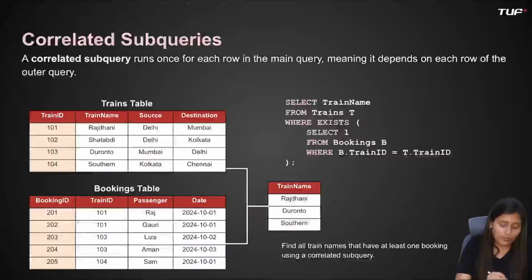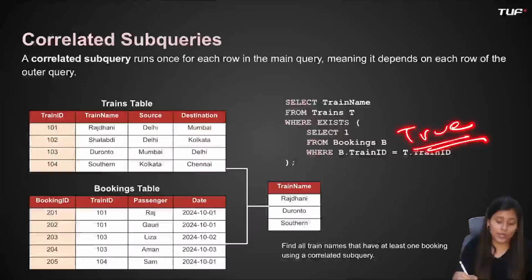So for train ID 101, it will check if it is there in the bookings. Yes, it is there, and there are two matches, but it is checking for at least one, so it will give true.